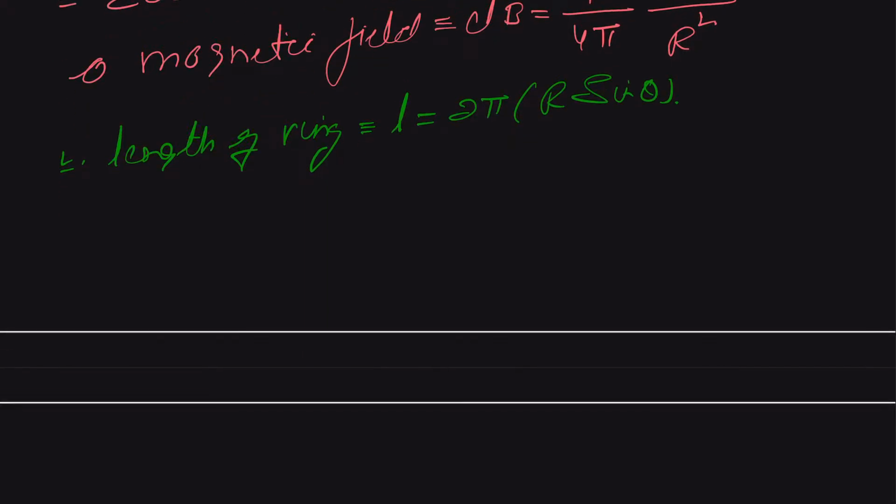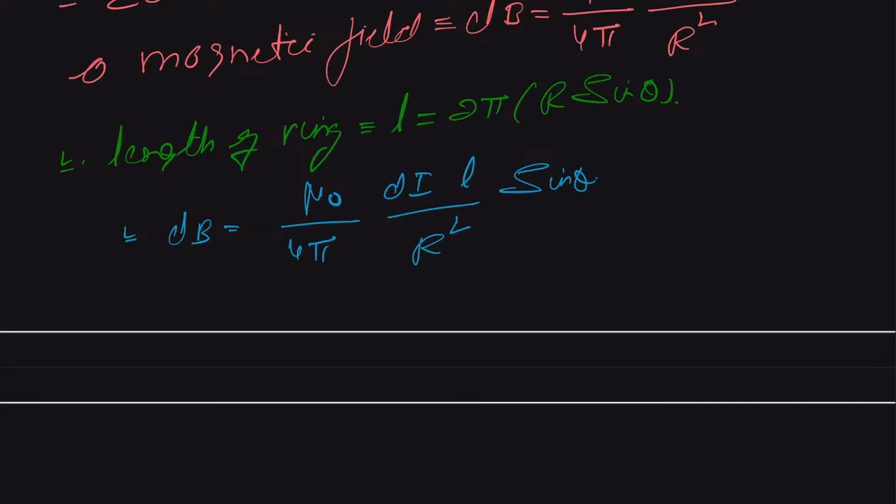Therefore, we can write that dB will be equal to mu naught upon 4 pi, and current is di, and the dl is going to give us our integration as L divided by r square, and this will be sine of theta.